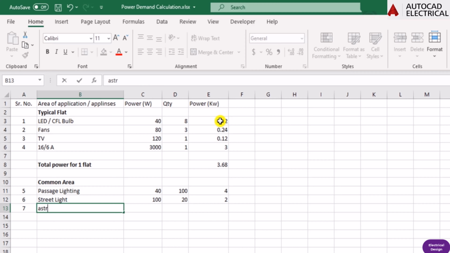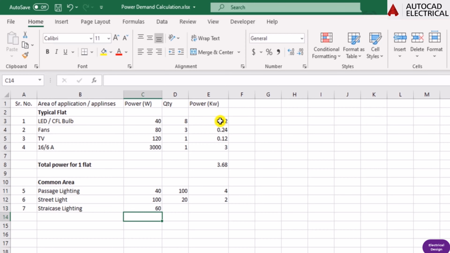Staircase lighting: suppose each bulb has 60 watts and the number of staircase lights is around 20. So the total power required for the staircase lighting is around 1.2 kilowatts.